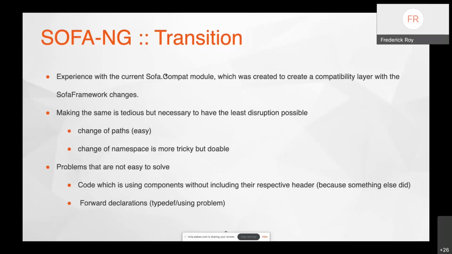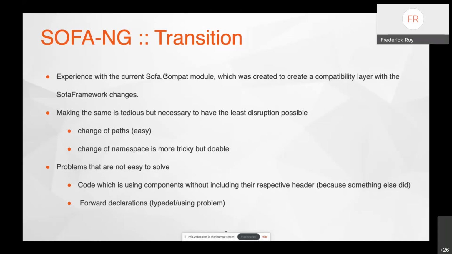The only problem I remember with sofa.compat is code which uses stuff without including the headers, because it's implicitly included by somebody else. I cannot predict that, so that will be hard to manage.